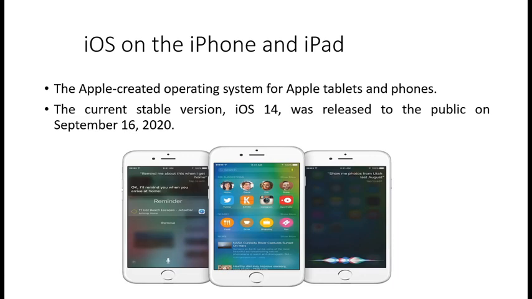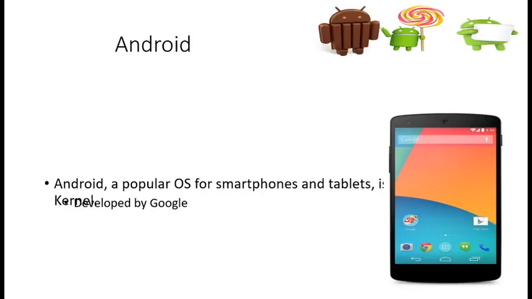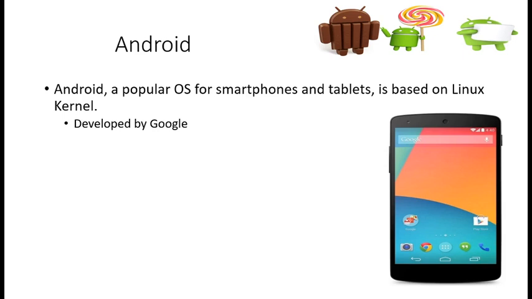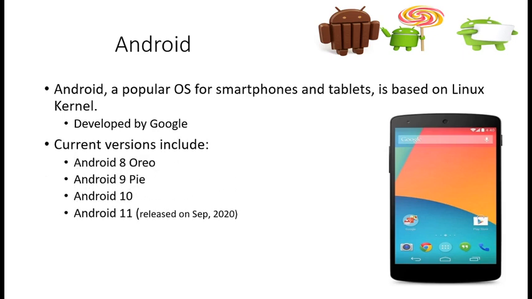These are used today. iOS 14 launched in the year 2020. Okay, and right now we are using other versions of iOS. Android is there also. We are now using Android 11. Before that we had Android Pie, Oreo, Marshmallow, Nougat, and Android 10 also.